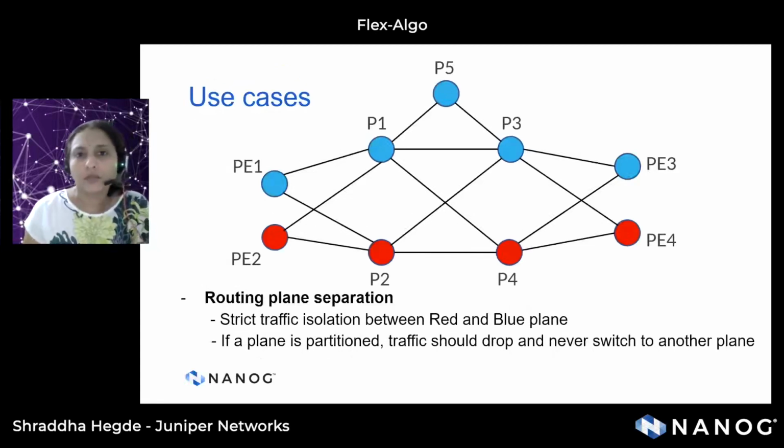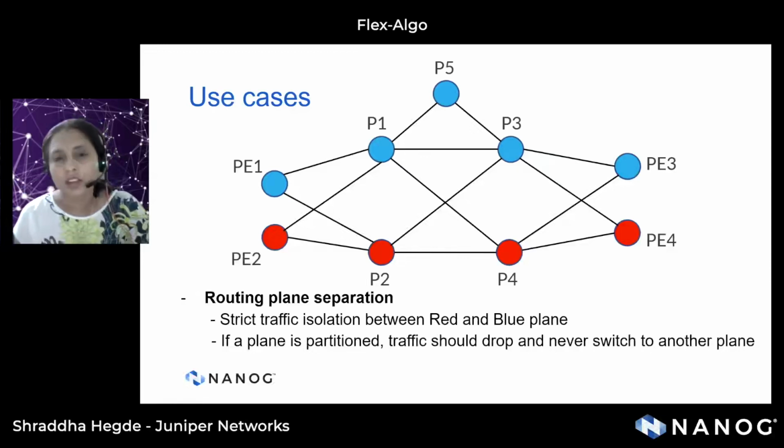We'll see some real life use cases where FlexAlgo is a suitable solution. This one is about routing plane separation. As we see in this picture, we have certain blue nodes and certain red nodes. You can imagine some traffic having restrictions that it has to go only in the blue plane or only in the red plane.